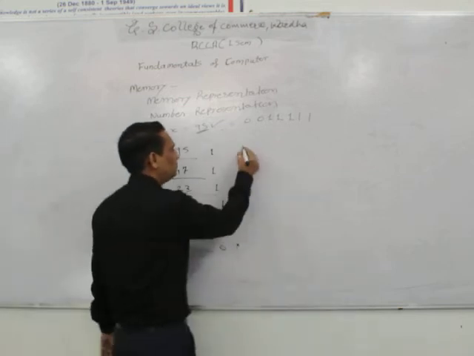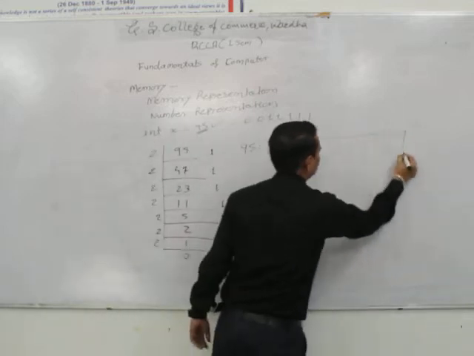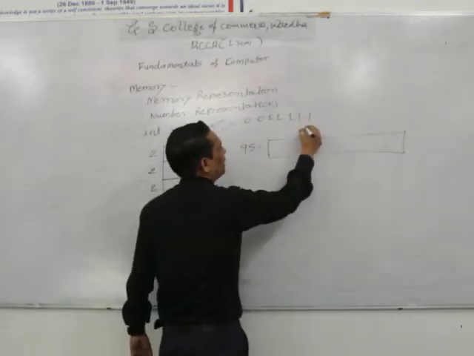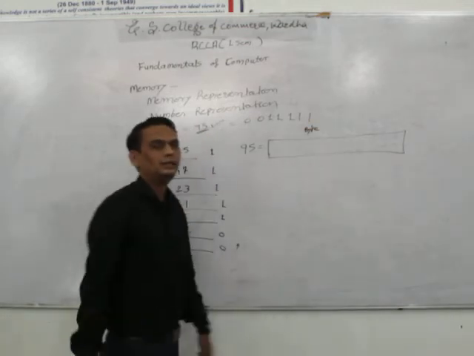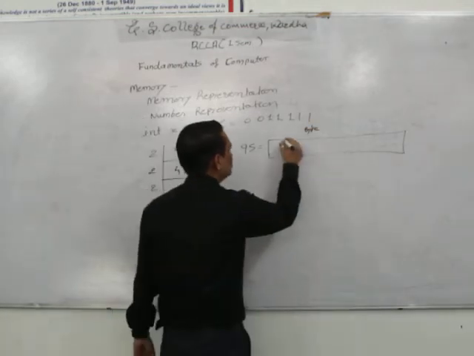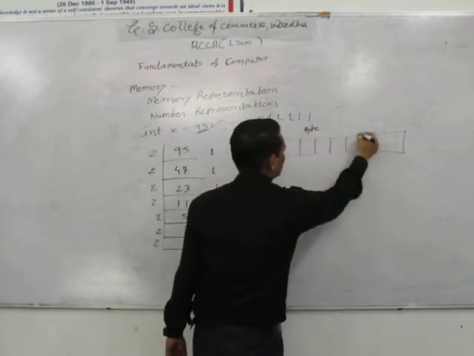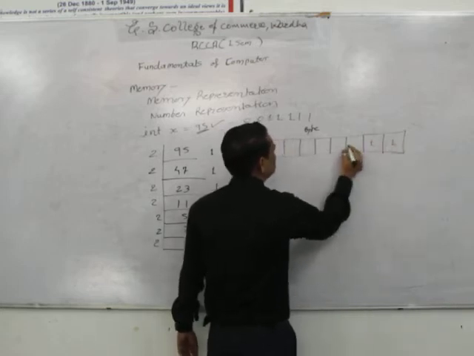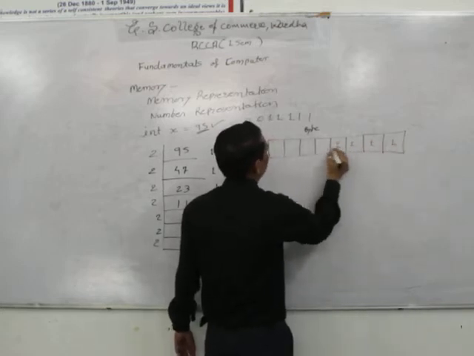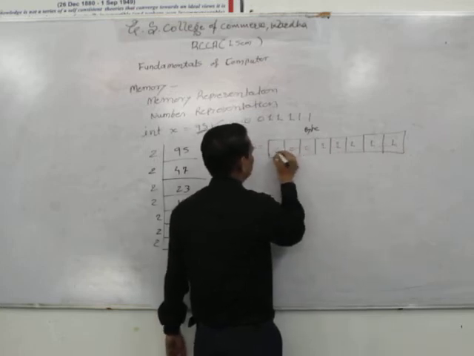So the 95 can be assigned into a byte, and this byte has 8 bits. So this number should be converted into 8 bits. So write 1, 1, 1, 1, 1, 0, 0, 0.